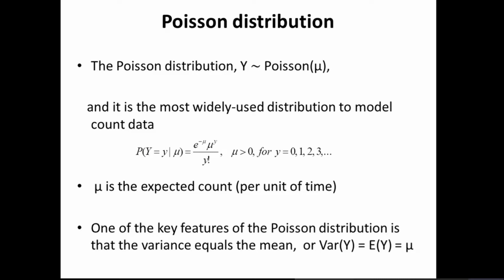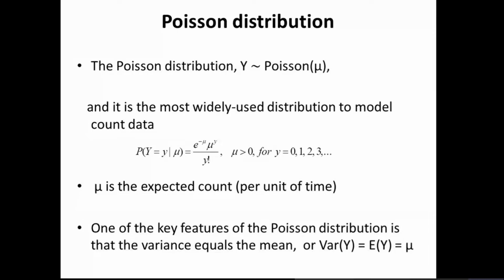So if we have count data, it will be distributed as Poisson with a certain average value, and let's call it mu. And it's the most widely used distribution to model count data, of course.